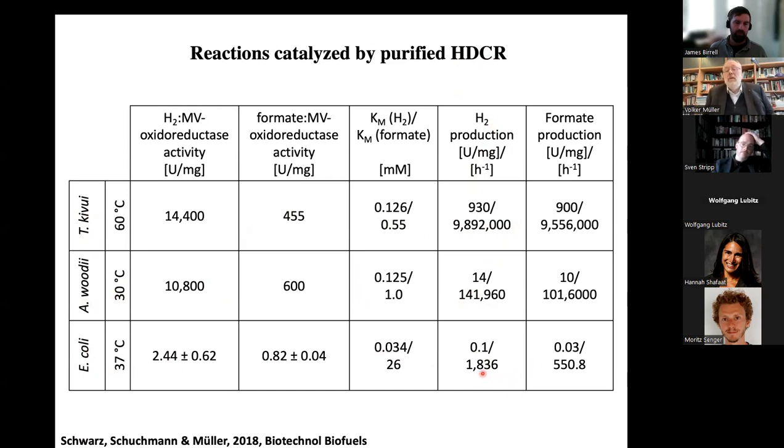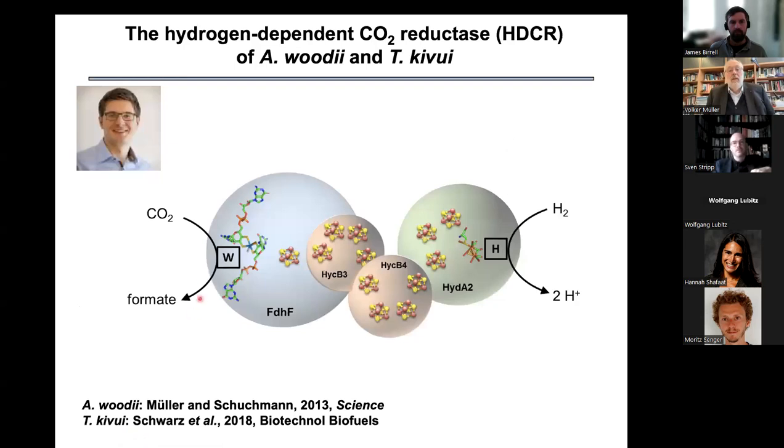It also can do that, but quite lousy with an activity of only 1,800. So these enzymes, the HDCR enzymes, are orders of magnitude better than any biological catalyst, and they are also orders of magnitude better than any chemical catalyst for reduction of CO2 with hydrogen to formic acid.